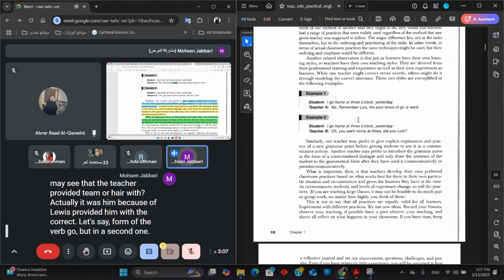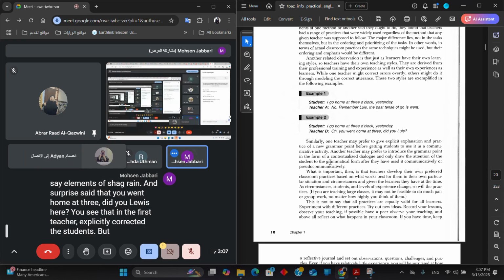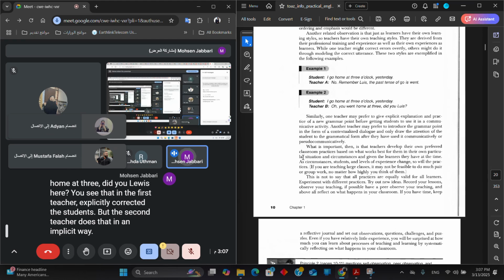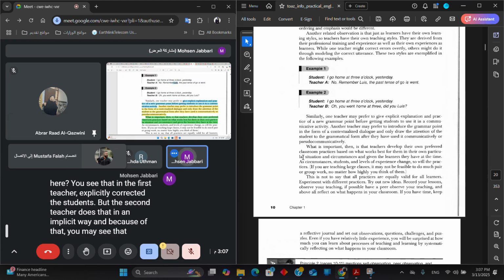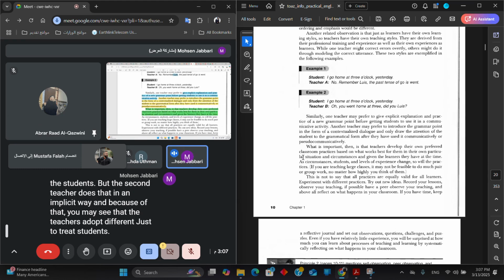But in the second one, the teacher, with some elements of chagrin and surprise, said, you went home at 3. Did you, Louis? Here you see that the first teacher explicitly corrected the student, but the second teacher does that in an implicit way, and because of that, teachers adopt different approaches to treat students' error.